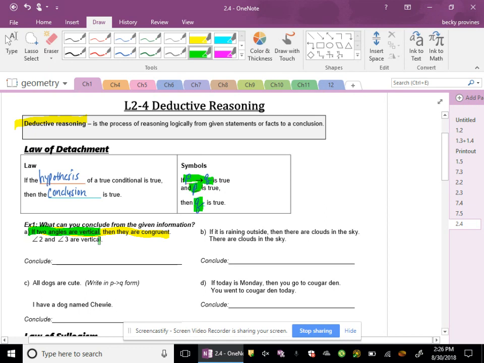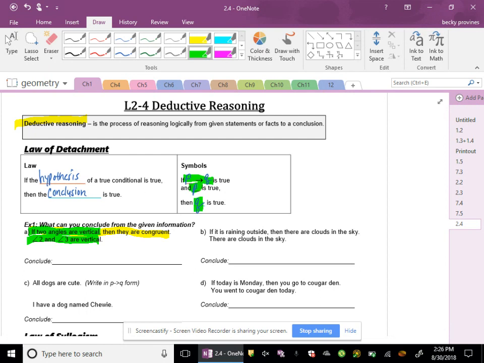Does the hypothesis get restated here? And you can add a little extra information. For instance, they gave you a name of the angle, and that's fine. A lot of times it's a general rule as the first step, and then it's a more specific rule for the second step. And that's exactly the model that they're following here.